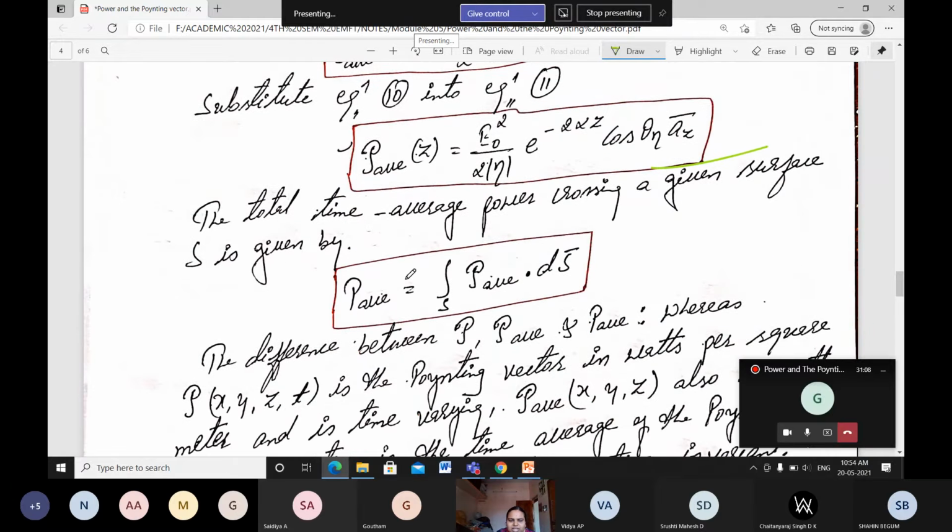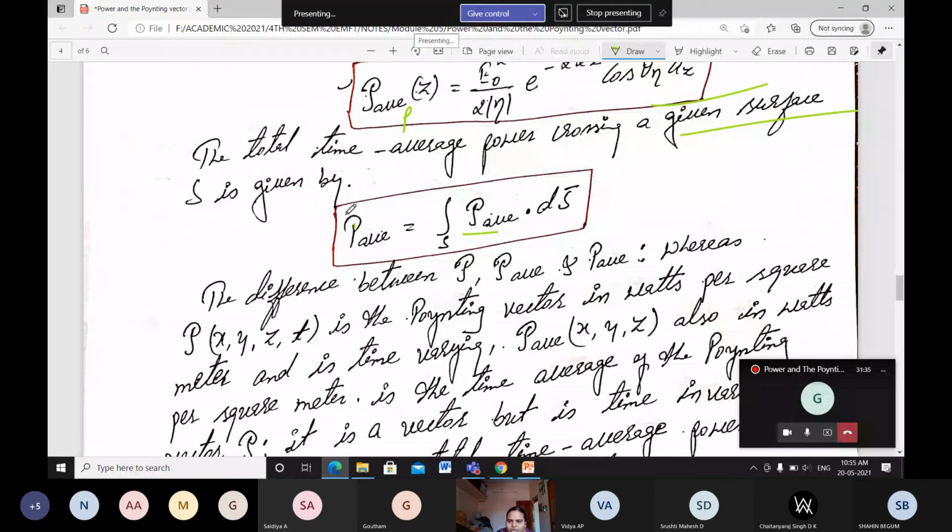Then the total time average power crossing a given surface S is given by capital P average, which is the integration over the surface of the time average Poynting vector dot dS. Then this is the equation we got.